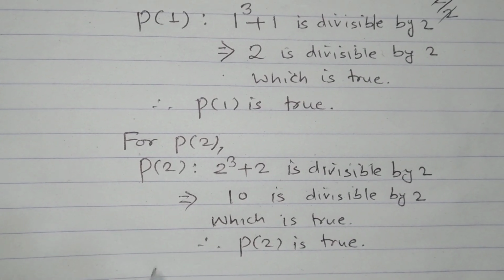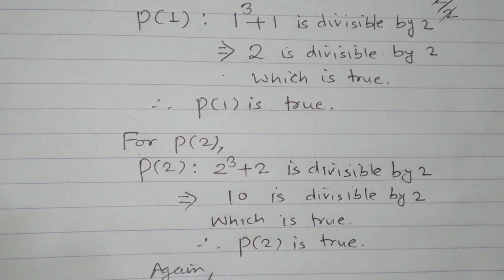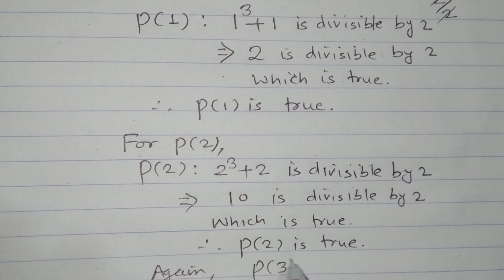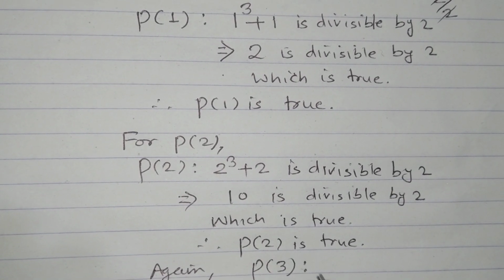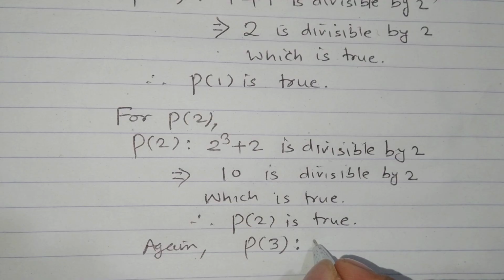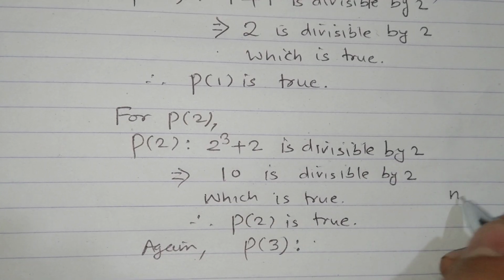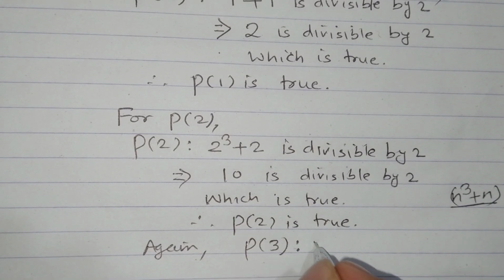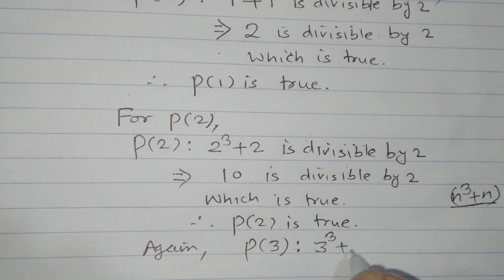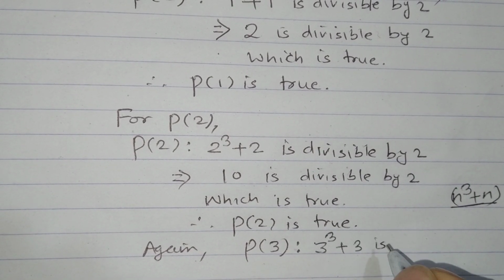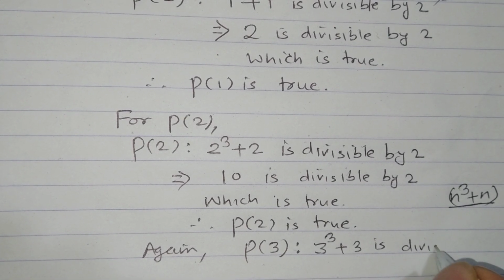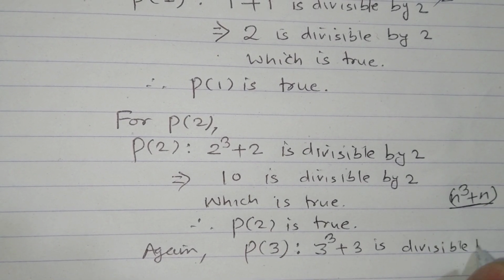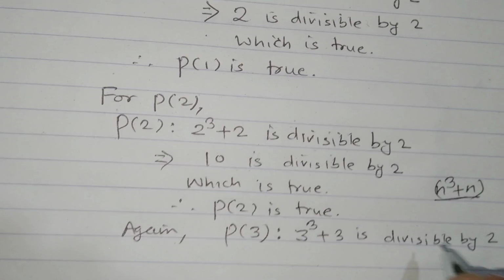Now again we check for P3. For this we just replace n in our main statement, n cube plus n. So 3 cube plus 3 is divisible by 2.